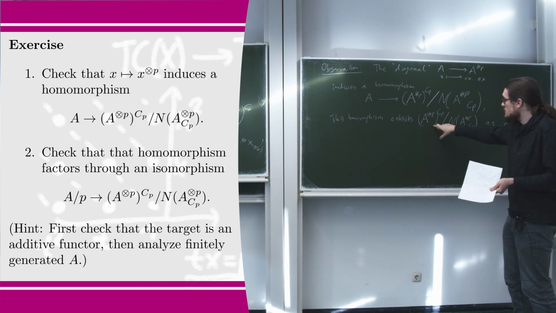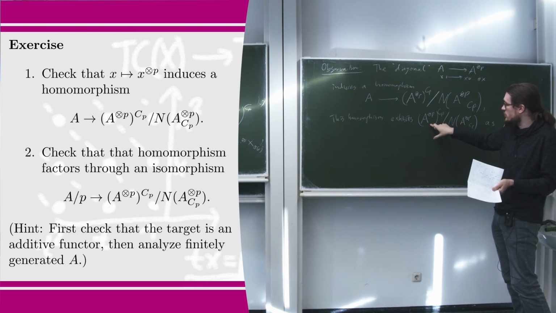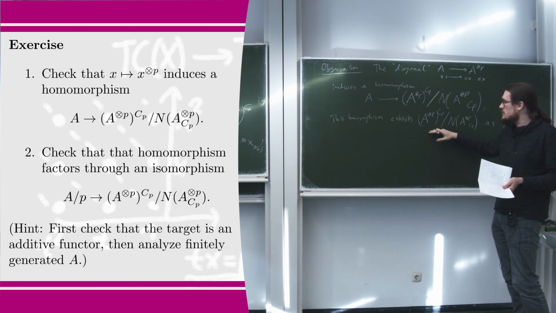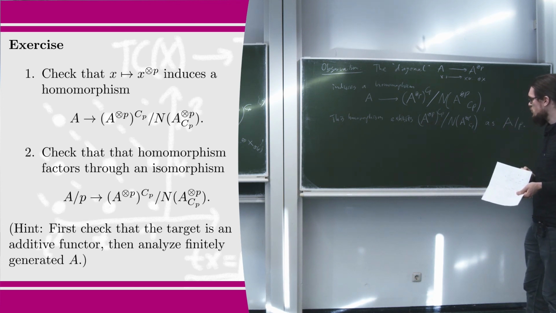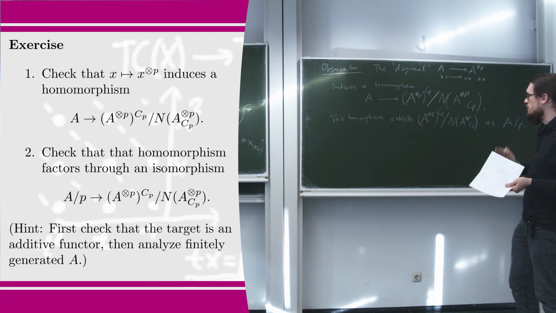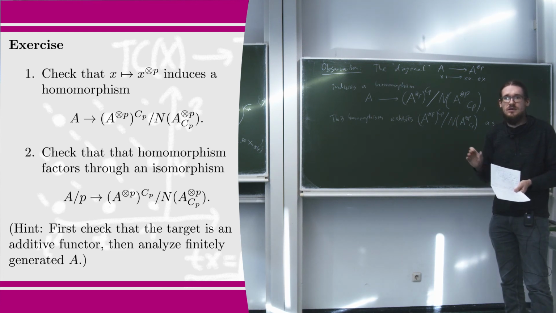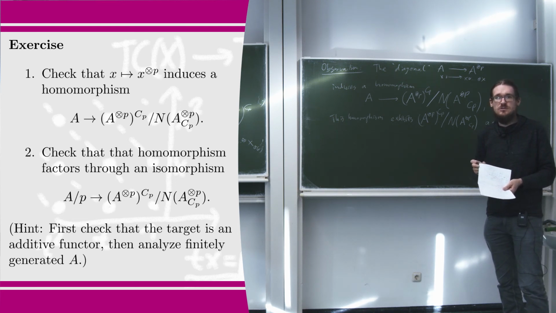This doesn't look additive because you have these tensor powers here, but for surprising reasons, this quotient actually becomes additive. Try to check that first. And once you know that, I claim you can first check this for finitely generated abelian groups and then for all abelian groups by checking it in special cases using this additivity and so on.